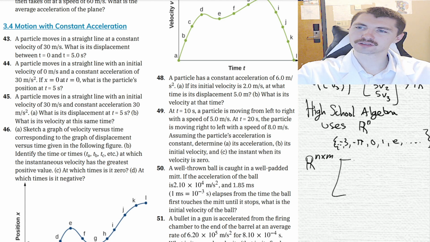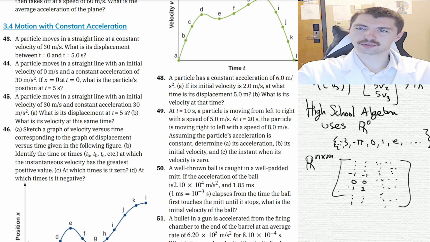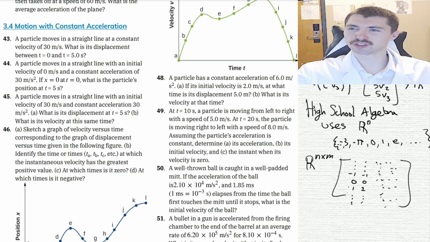So you have a set of numbers, -1, 0, dot dot dot, -1, 0, 1, dot dot dot, and then similarly 1, 0, and then a bunch of dots. I'm trying to think of the most abstract real number space you could have.